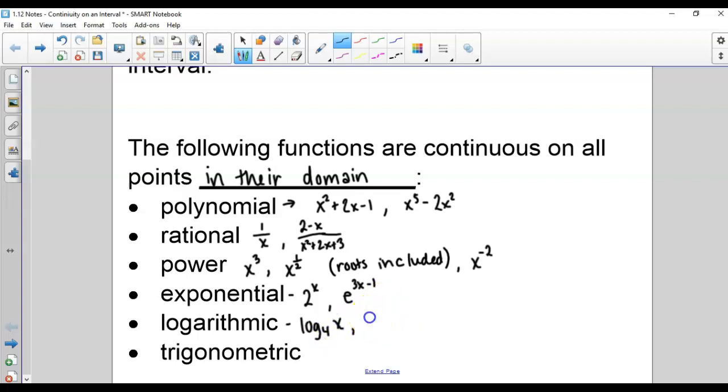It could be the natural log, something like ln of x minus 3. It could be the common log, so log of x squared. Those would all be logarithmic. And then trig functions, you are familiar with. I'm not going to list those out, but that's your sine, cosine, tangent, cosecant, secant, and cotangent.